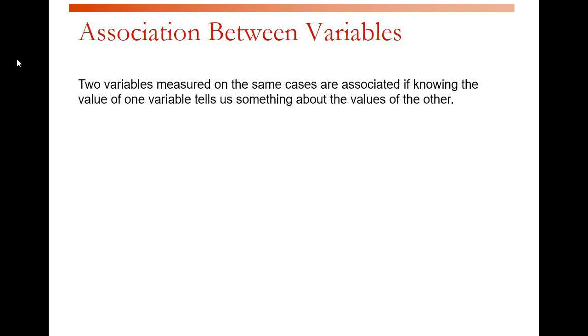So we are not necessarily talking about causation here. That is, we're not talking about the change in one variable causing change in the other variable. We are simply looking at whether the value of one variable tells us something about the value of the other.